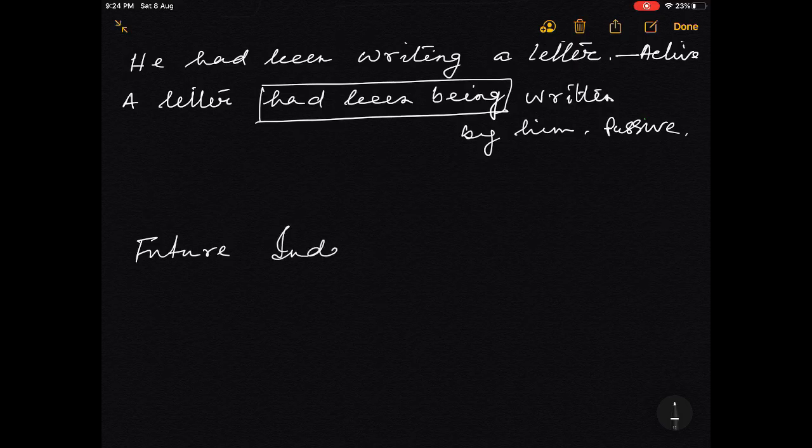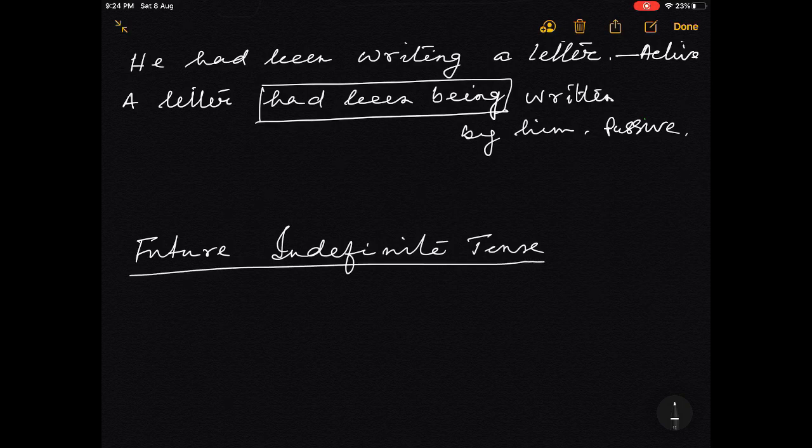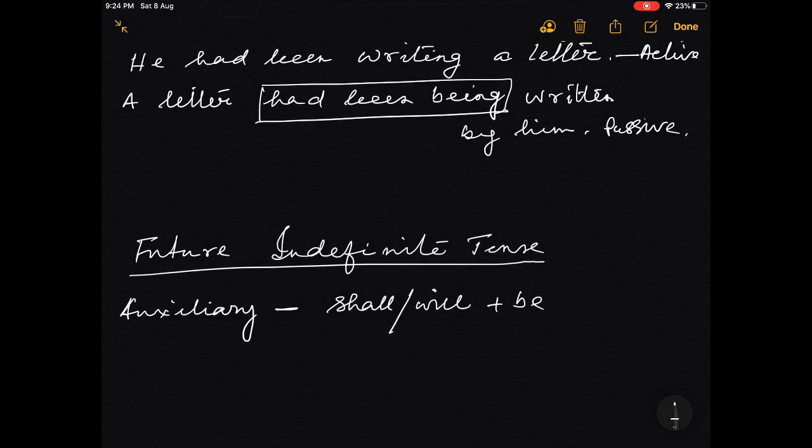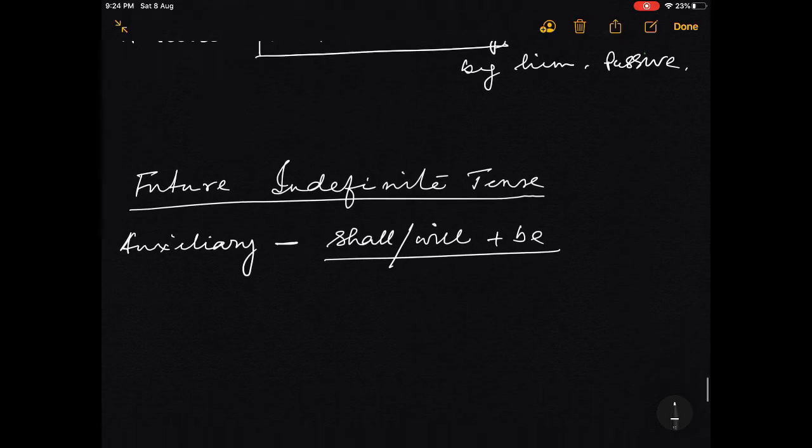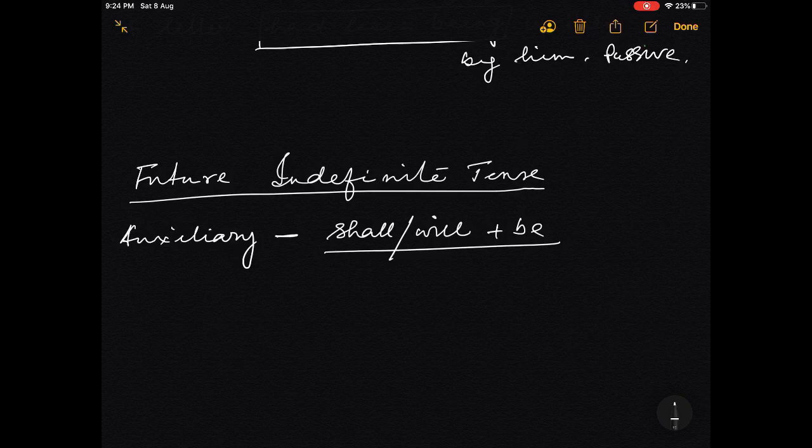Future indefinite tense. Auxiliary shall, will plus be. Now write the same sentence in this format.